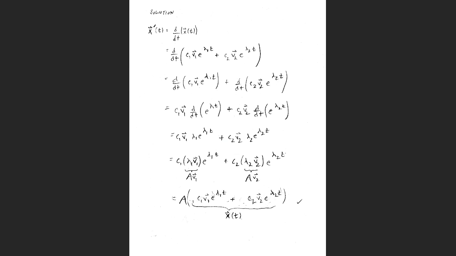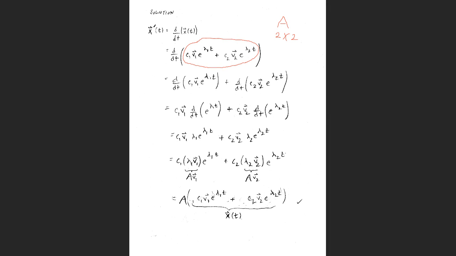So we're going to take the derivative of this linear combination of eigenfunctions. That's what it is. Now A, by the way, in this problem, it's obvious it's a 2 by 2 matrix.